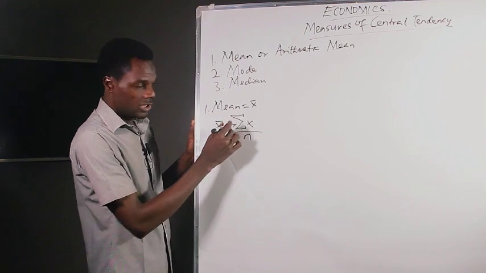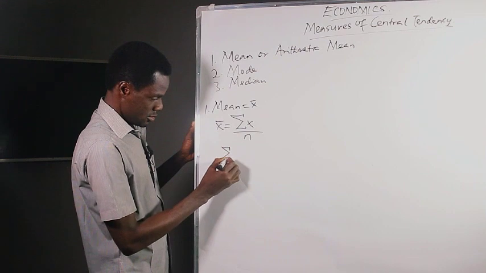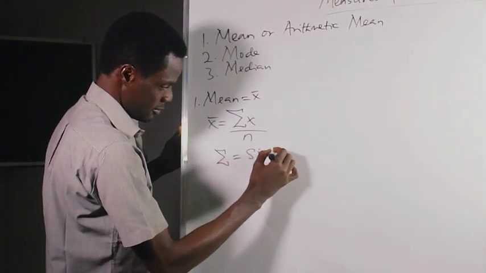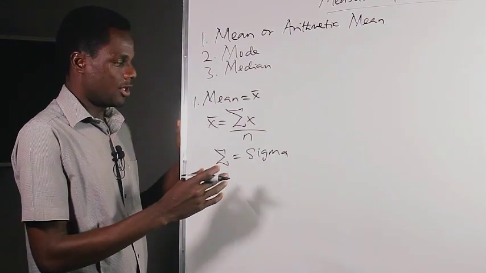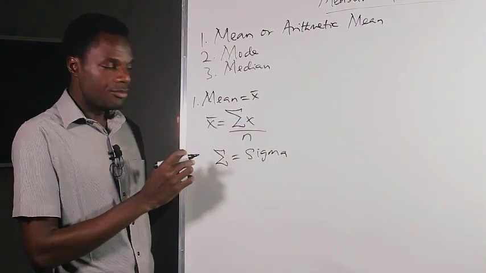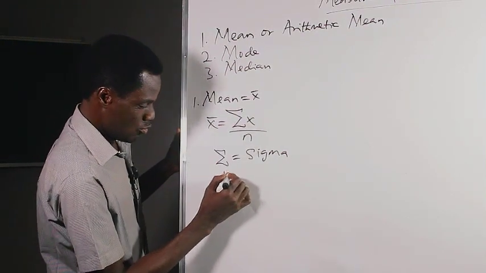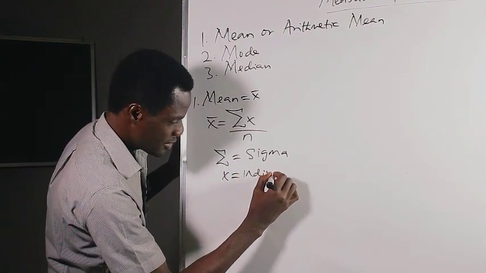This symbol that we are seeing is a Greek letter pronounced as sigma, and it means the sum of something. So as it appears here, it means the sum of X. And what we mean by X is the individual item of the observation.